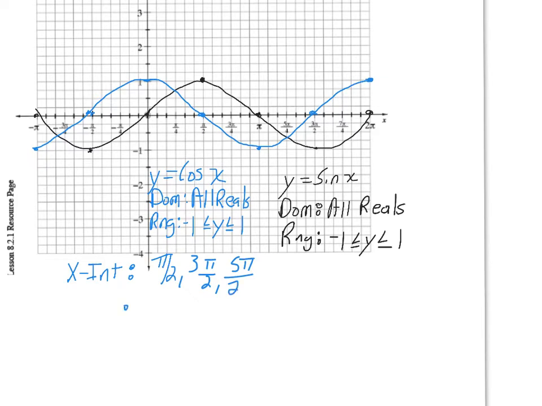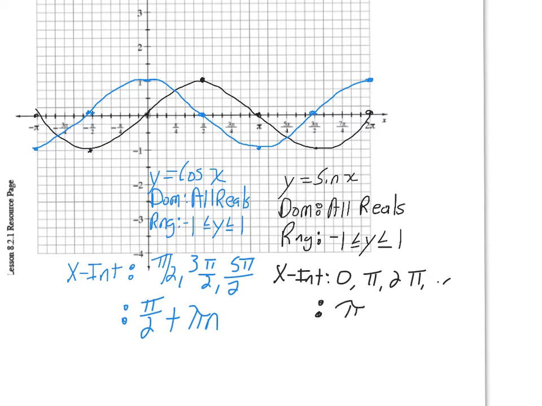So another way to write that would be pi over 2 plus pi times n. For our sine function, our x-intercepts are 0, pi, 2 pi, so on and so forth. Another way to write that would be pi times n.